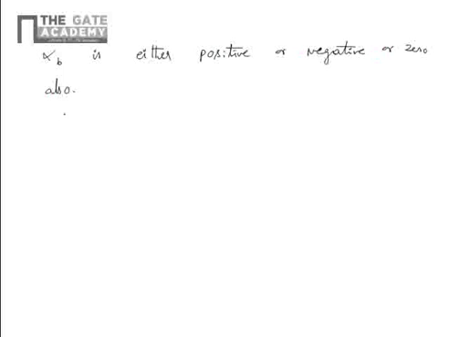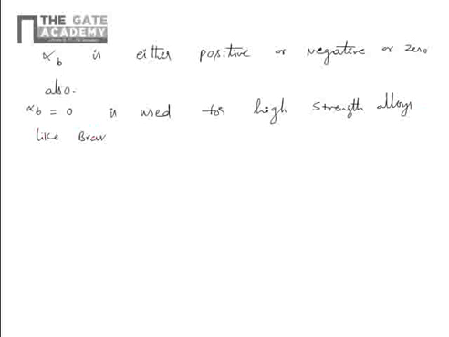Alpha B equal to 0, that means zero back rake angle, is used for machining high strength alloys like brass and bronze.